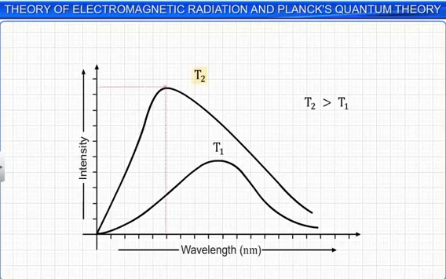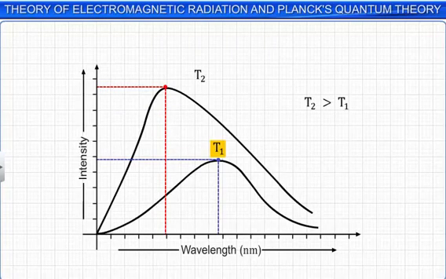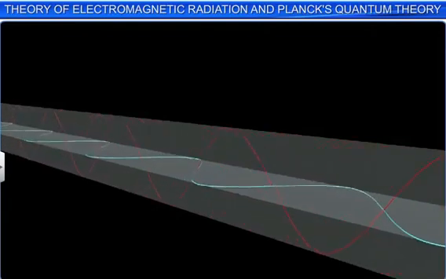We have seen that at a given temperature, there is a wavelength at which the maximum intensity of radiation is emitted. But the position of this maximum intensity shifts towards higher wavelengths with decrease in temperature. These observations could not be explained by the electromagnetic wave theory of light.